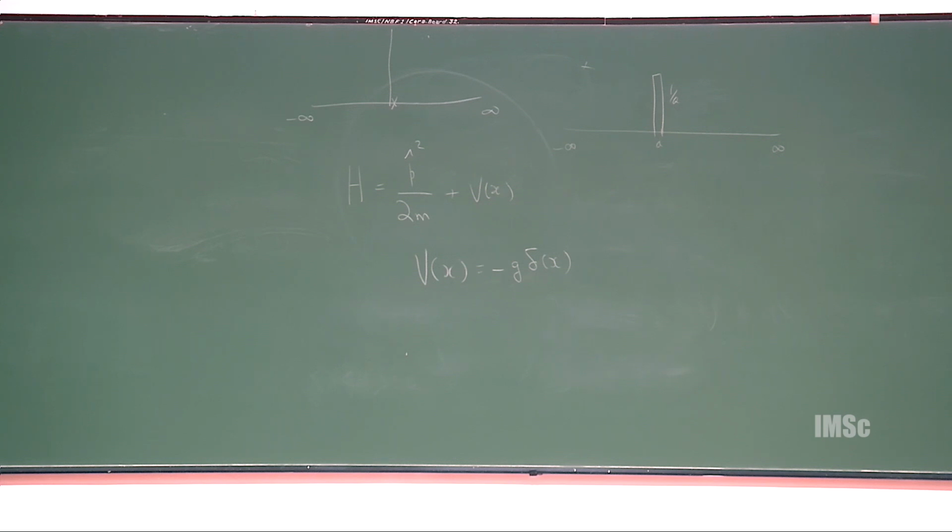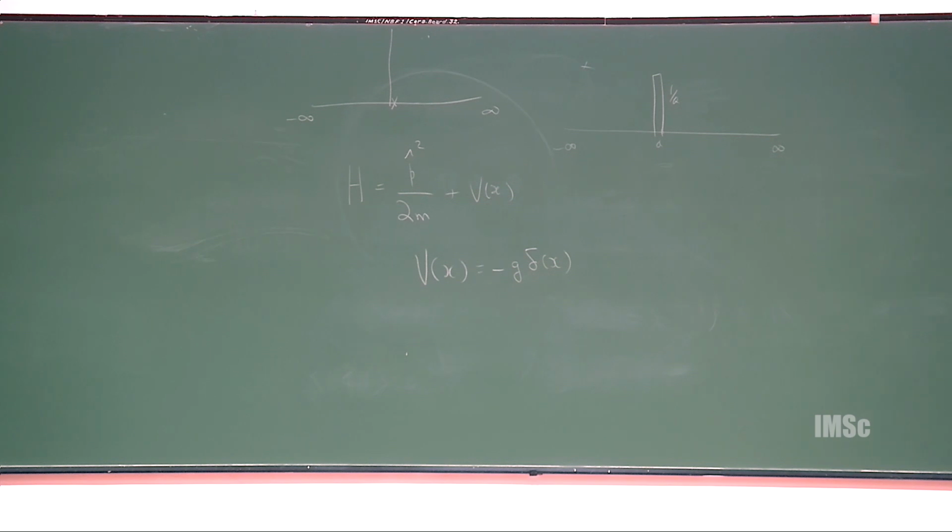You take the limit A tends to 0. What is the area of that rectangle in the limit A going to 0? It's again 1. So that is the delta function. Take this rectangle and squeeze it such that the area remains always 1. That is the kind of function.